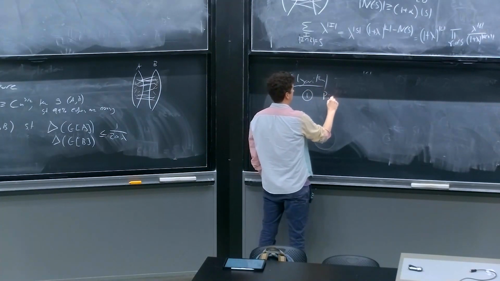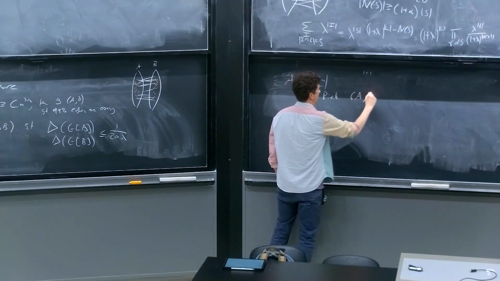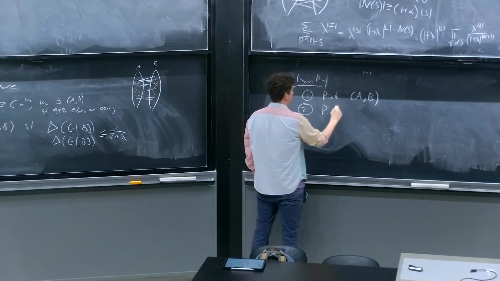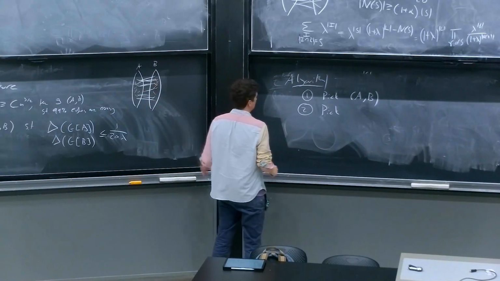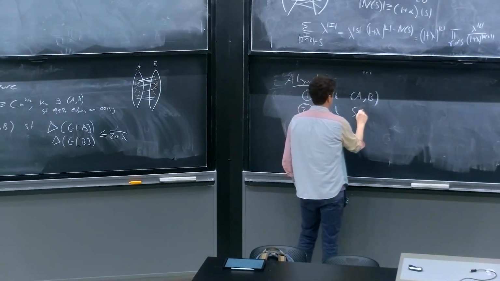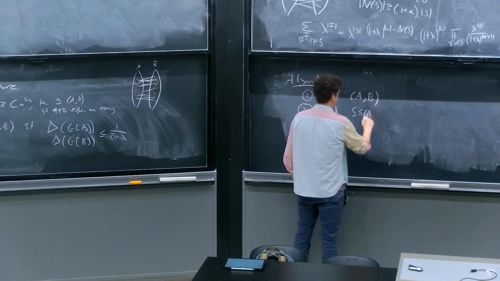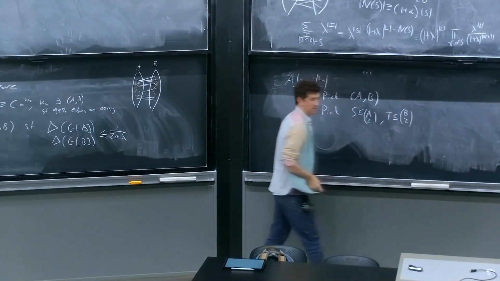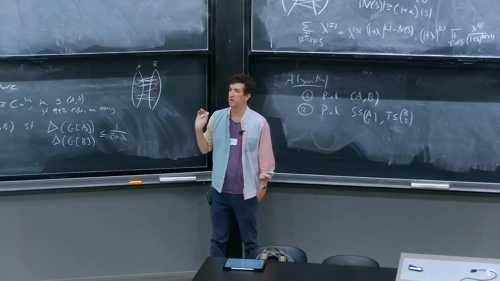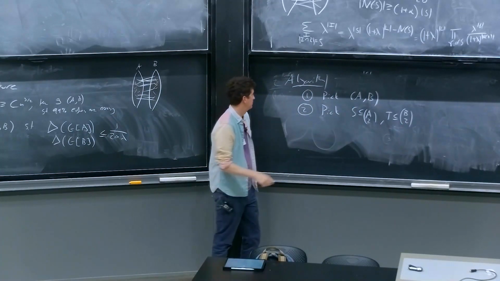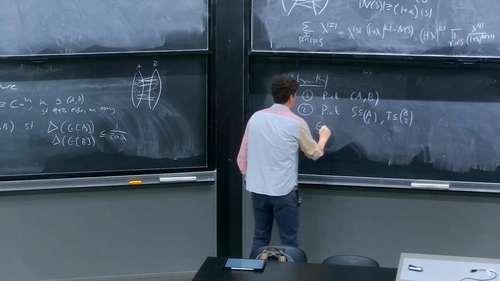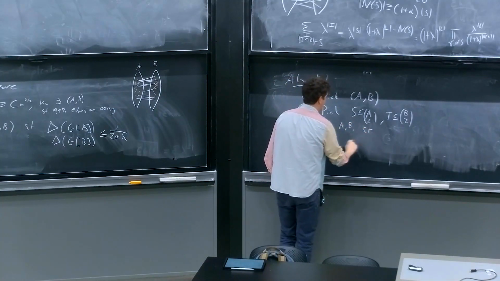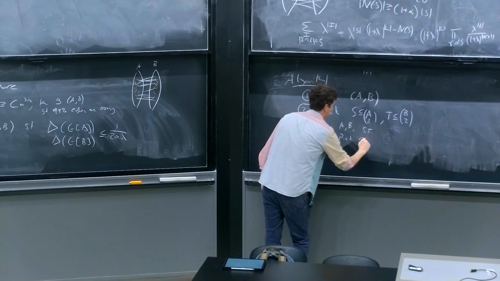First, you're going to pick your partition A, B. Then you're going to pick these orange edges: pick S in A choose 2 and T in B choose 2, according to the right distribution. We don't know what the right distribution is yet. That's what we need to do. And then third, given A, B and S, T, pick the crossing edges.